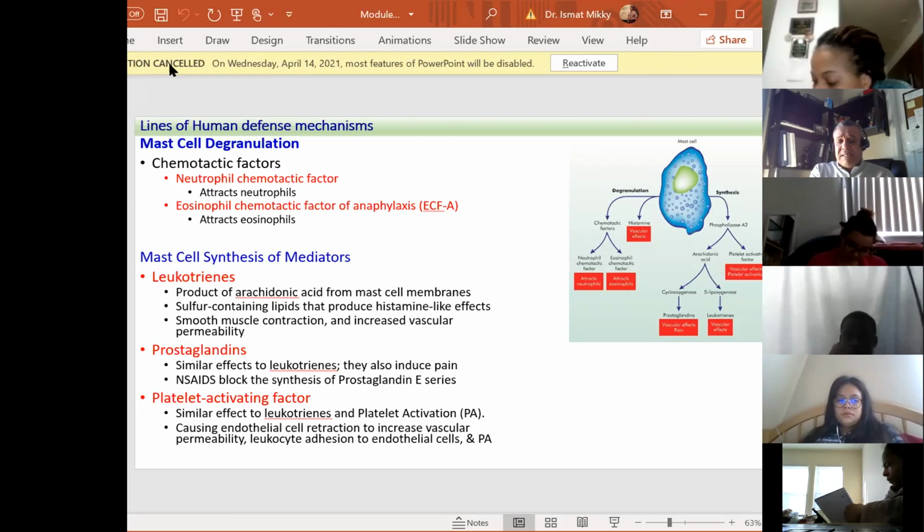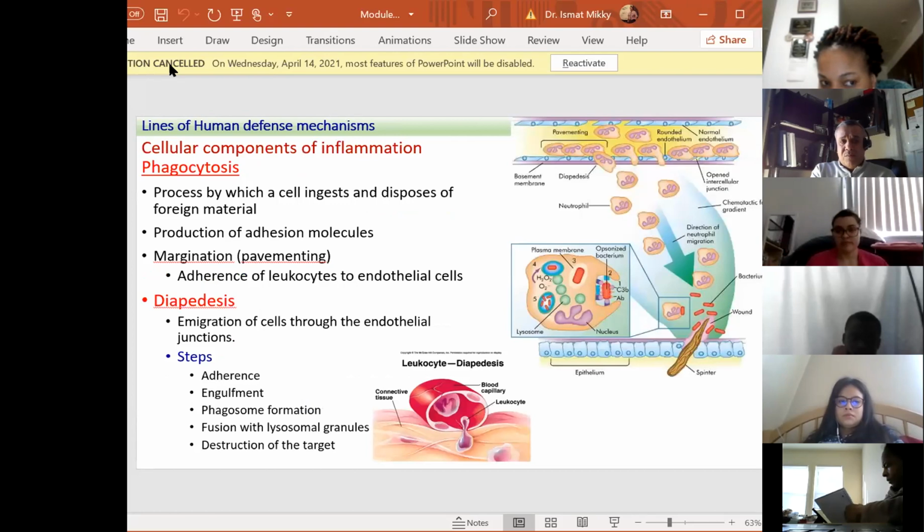And then I listed here some of the effects of each one, like the action of leukotrienes and the prostaglandins, and we have too many types of prostaglandins. Then we have the phagocytes.